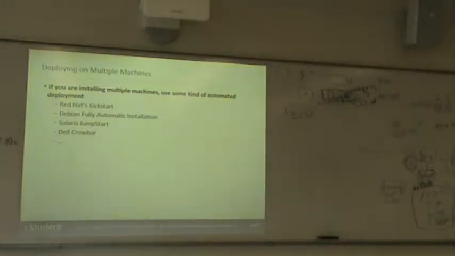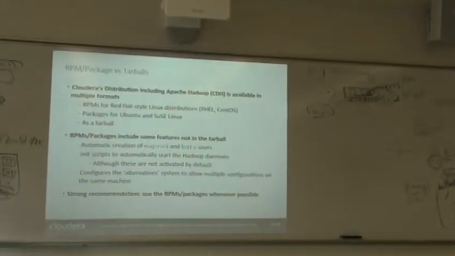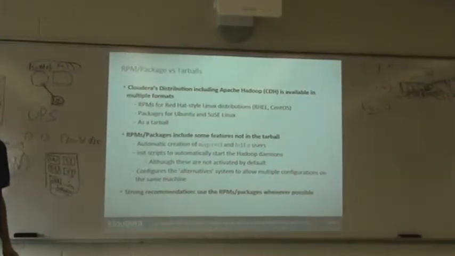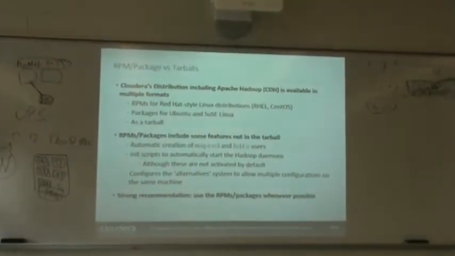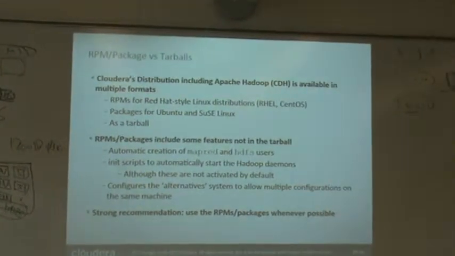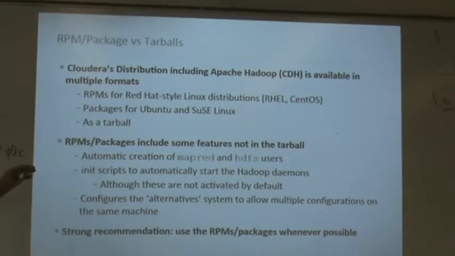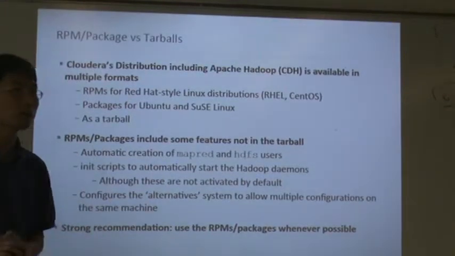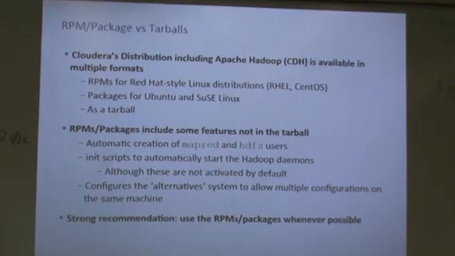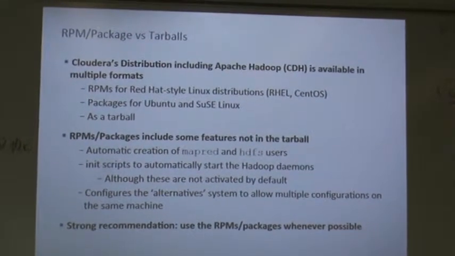So let's start to install the machine. You need to decide which version of Hadoop you are going to use. You can use the CDH, or you can use the RPM or the tarball downloaded from the Apache Hadoop website.